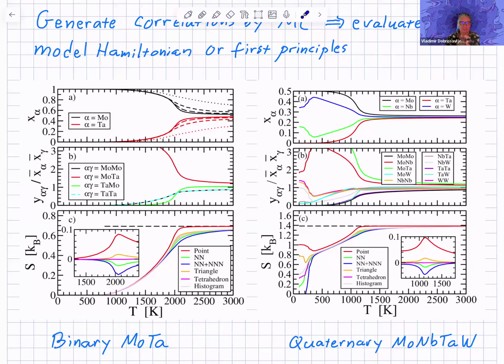Okay. So these are the point occupations, and here I show the normalized pair correlations. And notice this very large pair correlation function for the molybdenum tantalum pair.